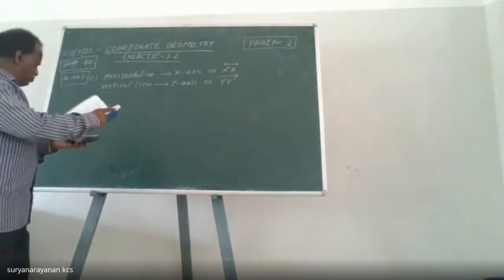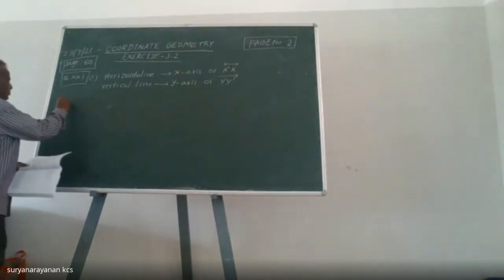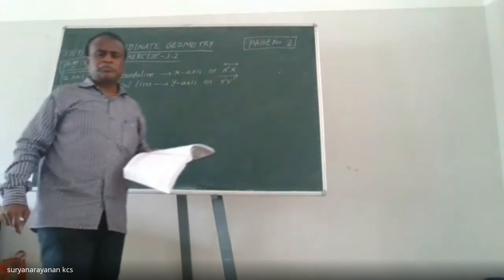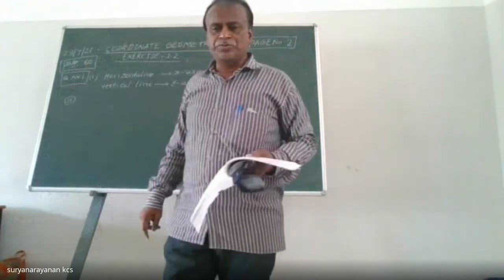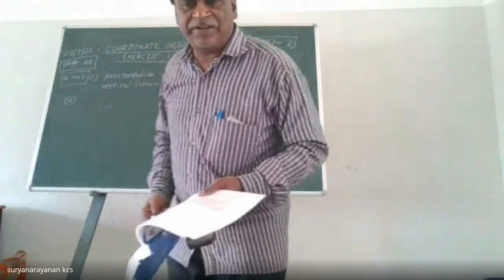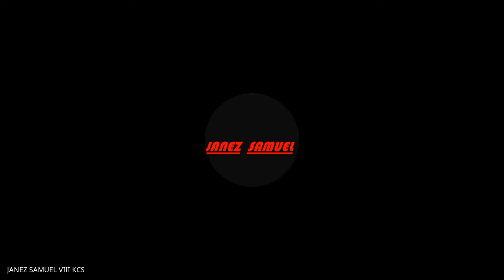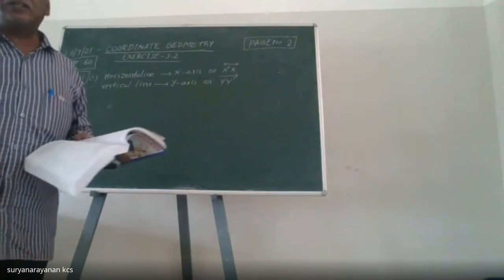Up to question number 2. Janesh, read question number 2 loudly. What is the name of each part of the plane formed by these two lines?